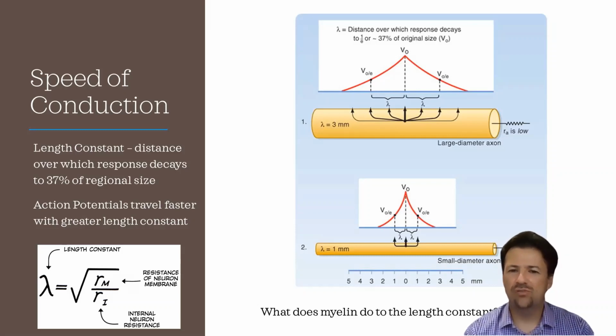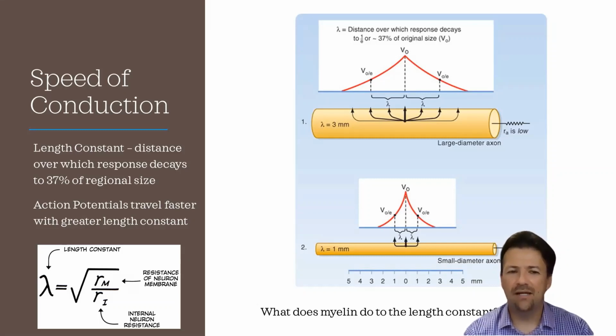The length constant, we use it to understand the speed of conduction as action potentials move down the nerve. It's been calculated in physics as the square root of the resistance of the neuronal membrane divided by the internal neuronal resistance. You don't need to understand that, but you can do some reading on that.